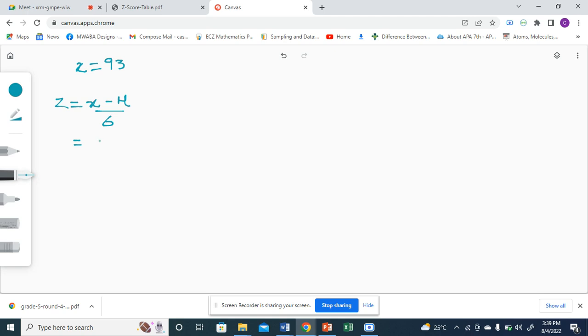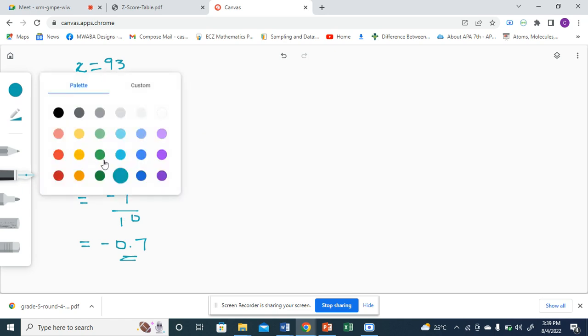So 93 minus 100 divided by 10. That gives us 93 minus 100, that's negative 7, divided by 10. So our first z-score is negative 0.7.